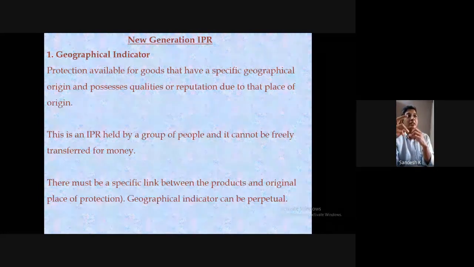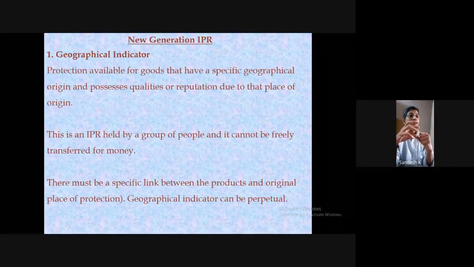It has got a geographical indication, and this particular geographical indication can be filed by a group or society, not by an individual. If I say, okay, tomorrow maybe I develop a good ice cream, and it is very popular in Mangaluru, and I want to file it, no, I cannot file it, because maybe it's a patent which I am developing as my process.